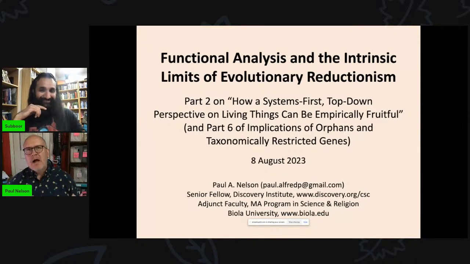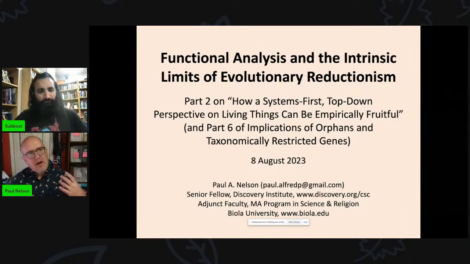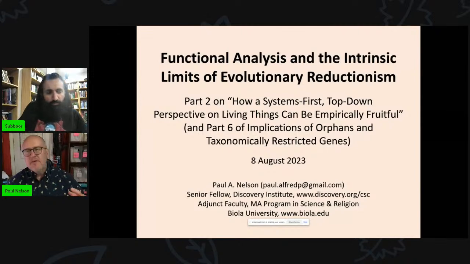I think that this bondage to the limited set of tools that naturalistic evolutionary theory provides is something that people should want to be free of. No one wants to be a slave, and being a slave to this limited explanatory framework, I think, is a dreadful thing.